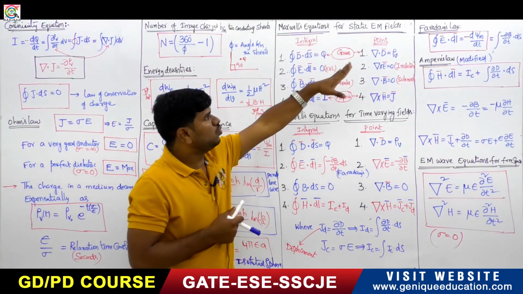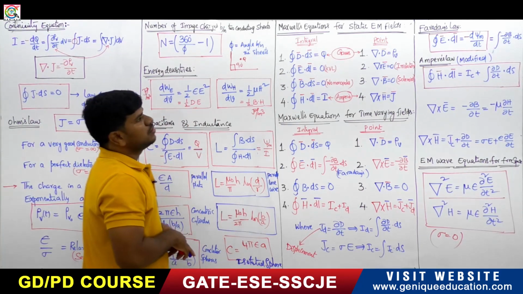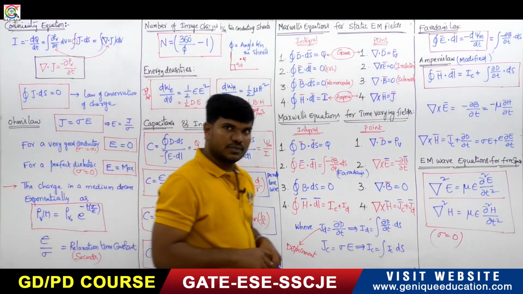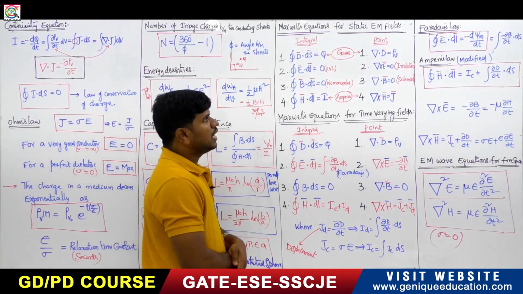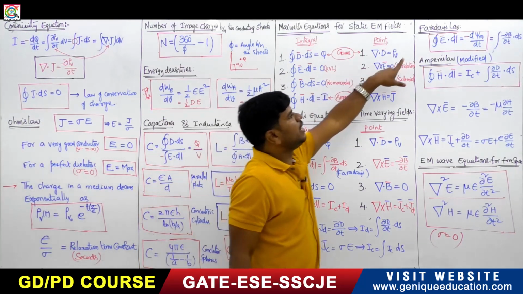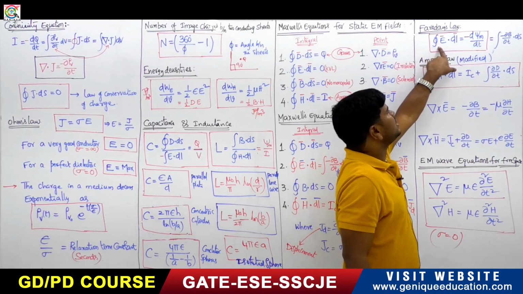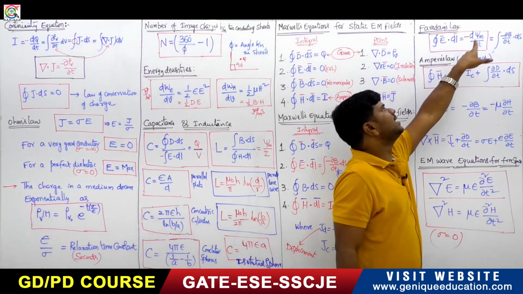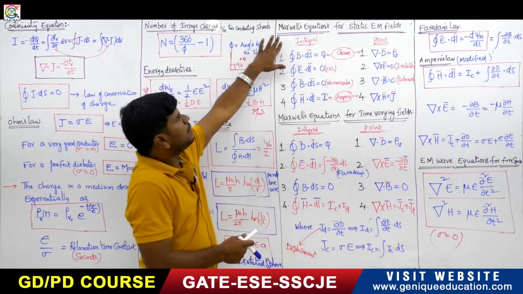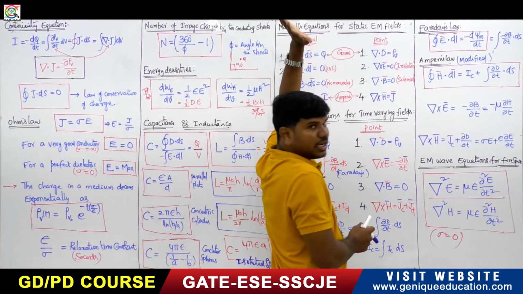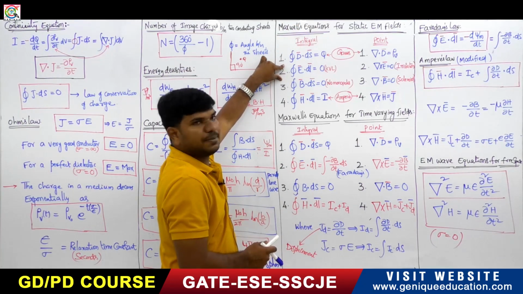you observe Faraday's law. So what is Faraday's law? Observe this expression: closed integral E dot dl is equal to minus d psi m by dt. What is the meaning of this? If you come to the Maxwell's equations for the static electromagnetic fields, this is the second equation.